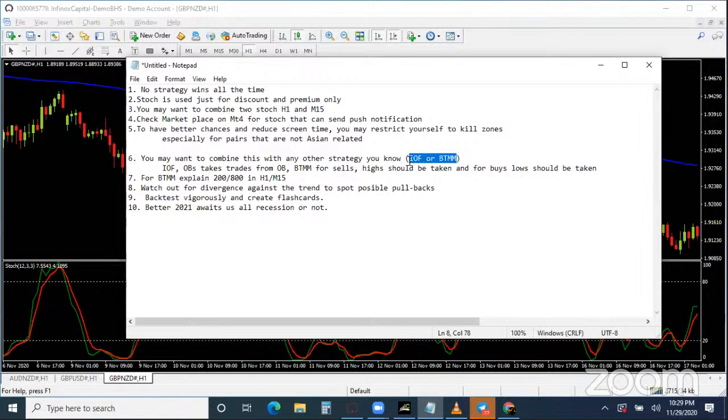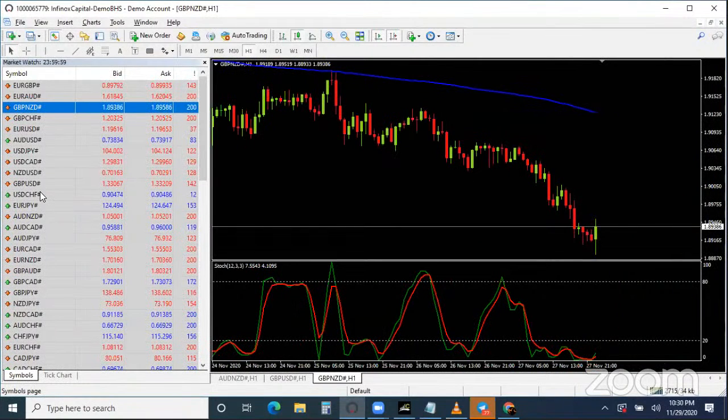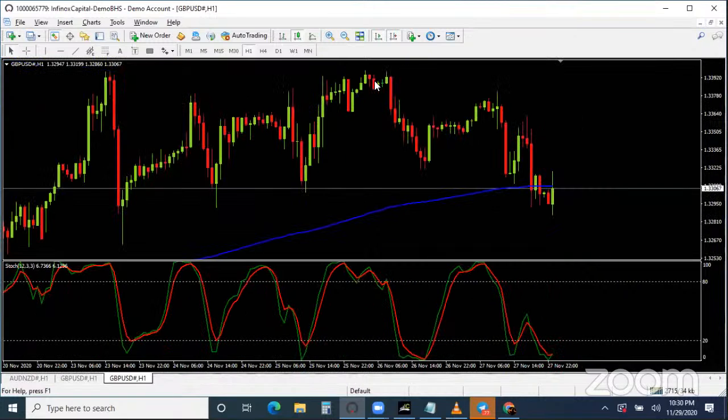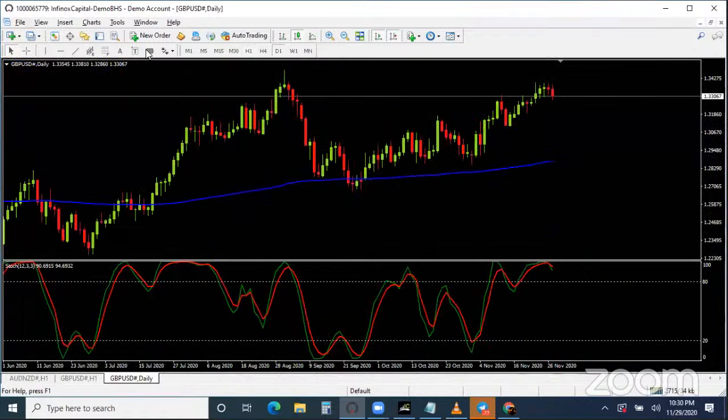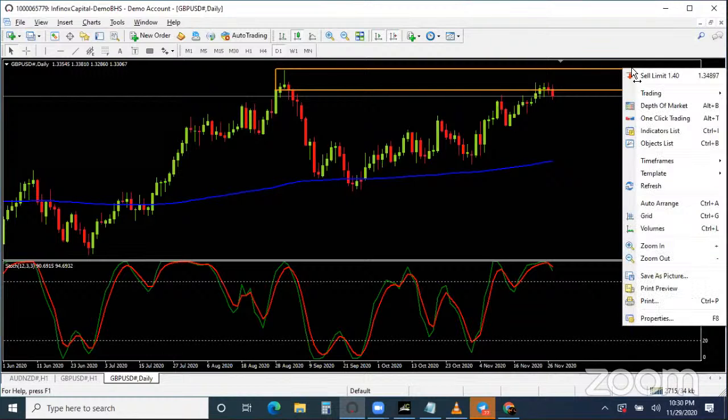Right? So if you're combining with IOF or beat the market maker, for IOF, you consider OBs, right? You take trades only from OBs. So when we go back to GU, for instance, here we are again. Let's say for GU, on the daily, I would have marked up this area as a daily source, an area where price ran heavily away the last time.